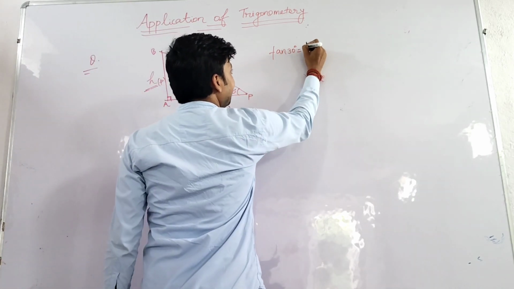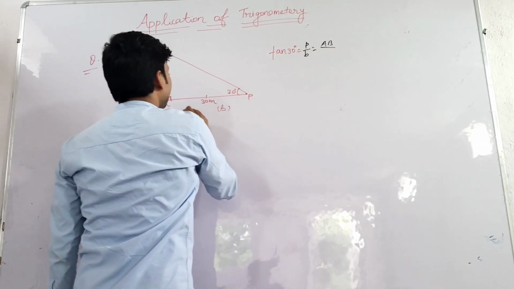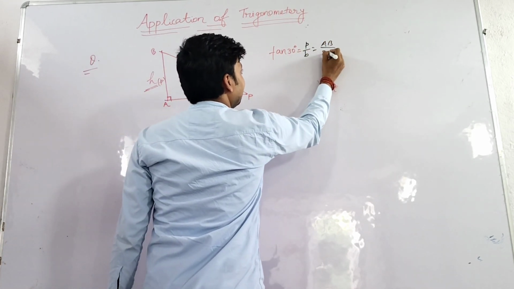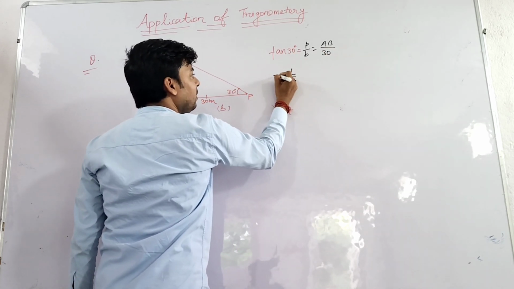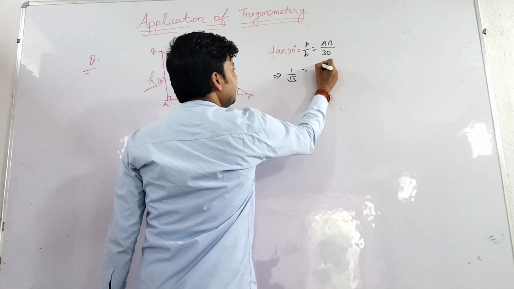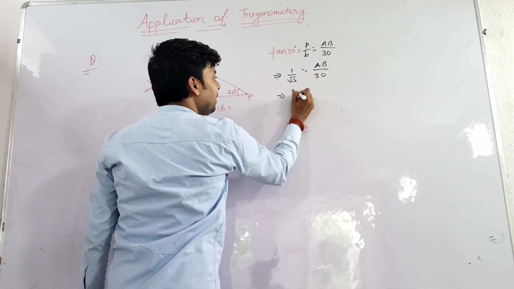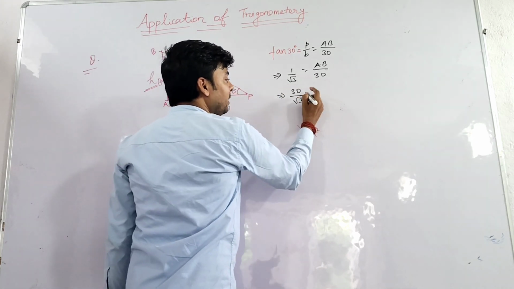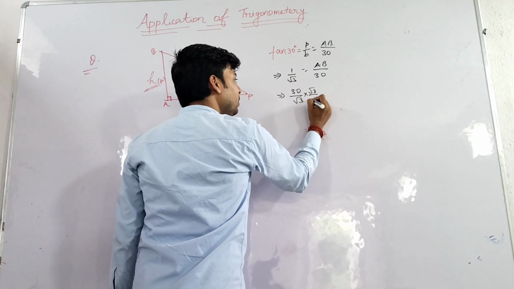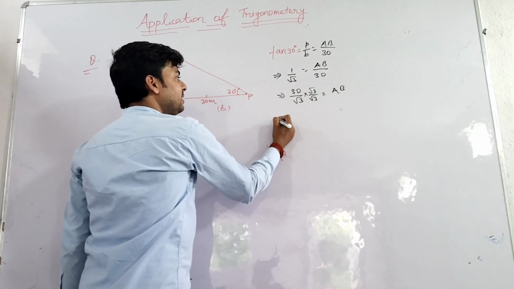P upon B. We already know that tan theta is P upon B. So this is AB, and B is equal to 30 meters. Now tan 30 is 1 upon root 3, and this is AB upon 30. This will go to this side: AB equals 30 upon root 3. I don't want to see an irrational number in the denominator, so we convert it by a process called rationalization.